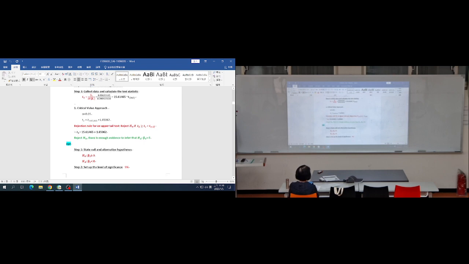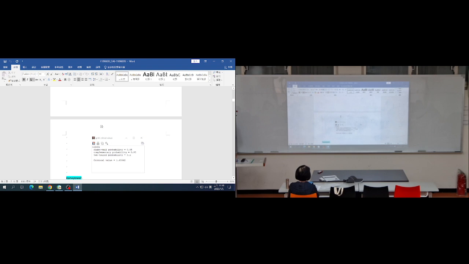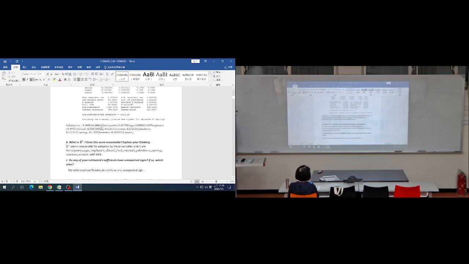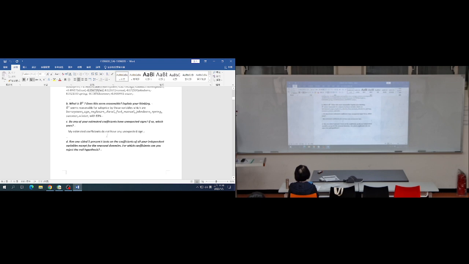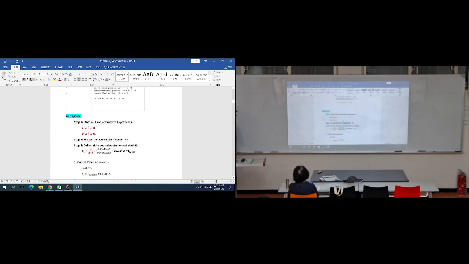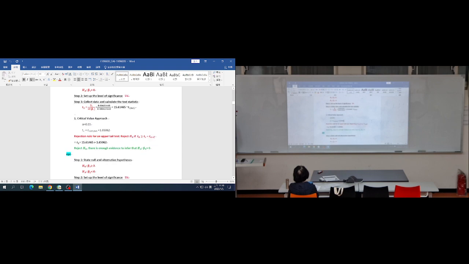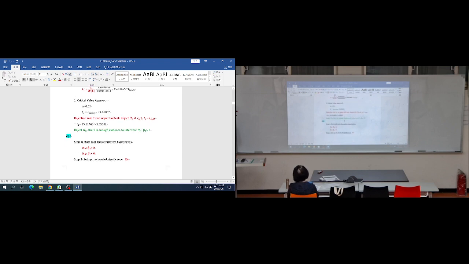Did you see 1.65062, the critical value? Where's the table? No, we don't have these numbers from the textbook. Just tell me, where did you get those numbers from?